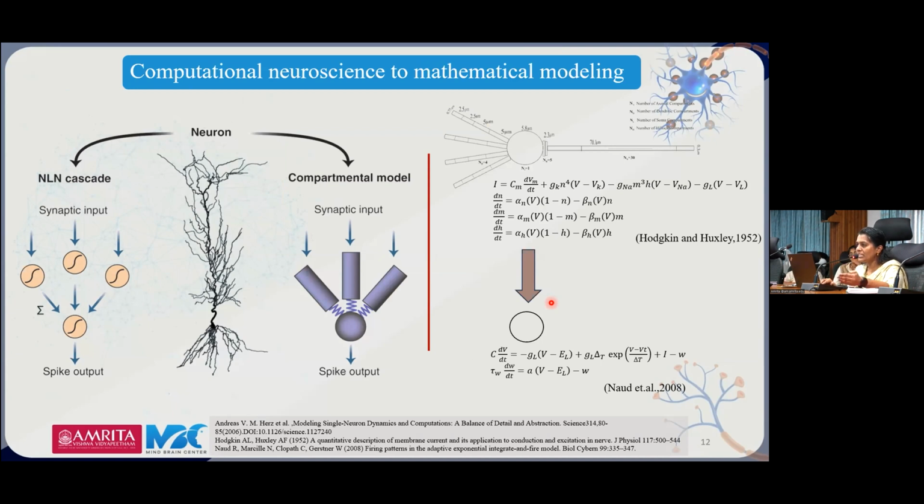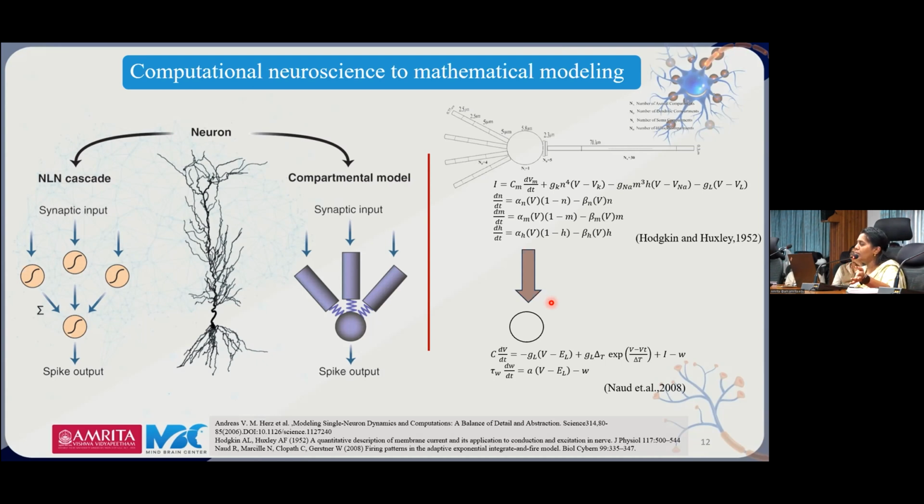Okay. So the first thing we had to do is to come up with the reconstruction of a neuron. In the case of neurons, we have different kinds of models available. It starts with the non-linear cascade of neurons, to a compartmental model, to a single point neuron model. The Hodgkin-Huxley model has been widely used.